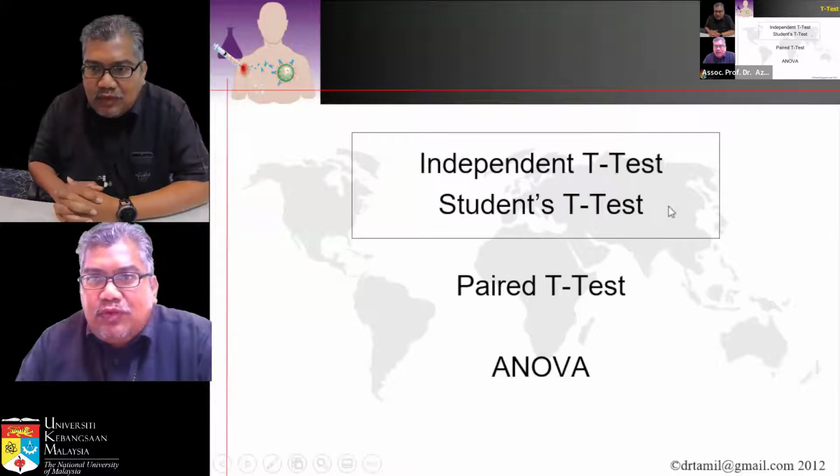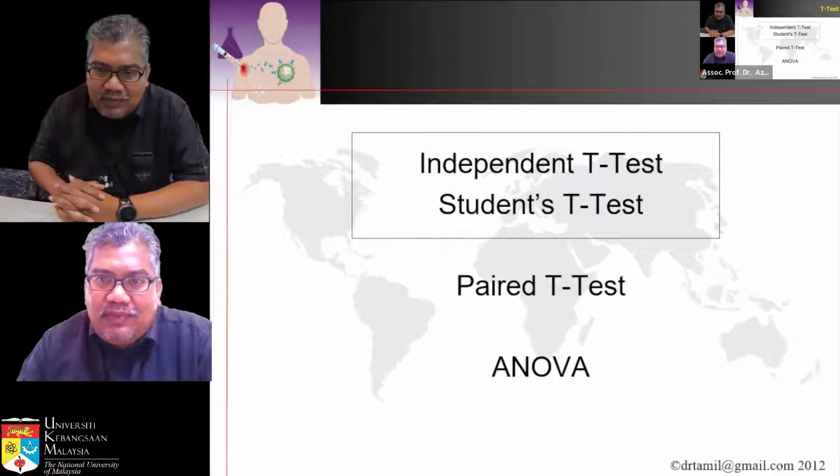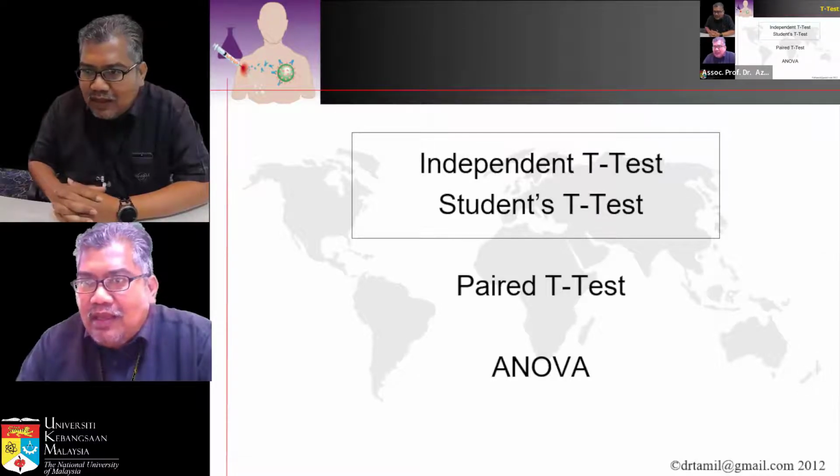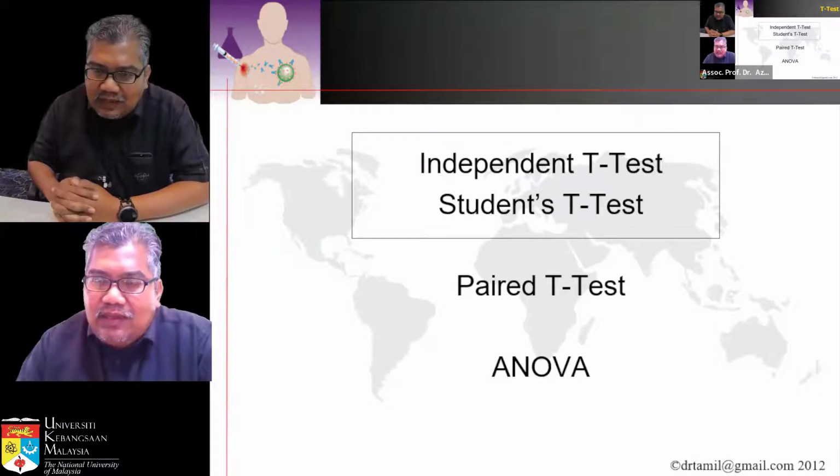So the first thing we're going to talk about today is the t-test. It's not an easy topic to cover on this bright early Monday morning after the long weekend, but we have to cover this. We already mentioned last Friday the chi-square test.